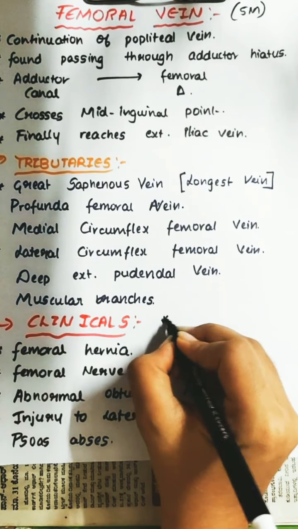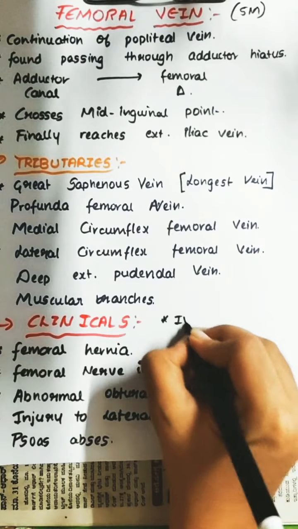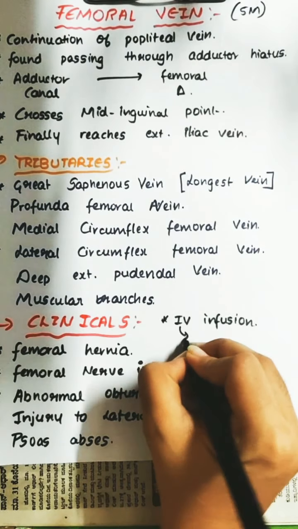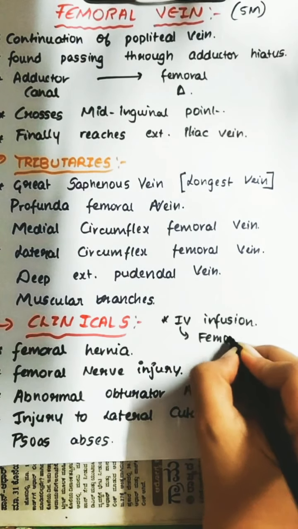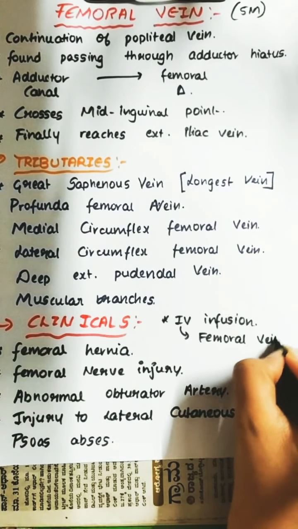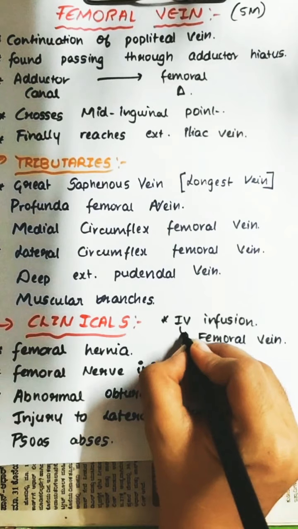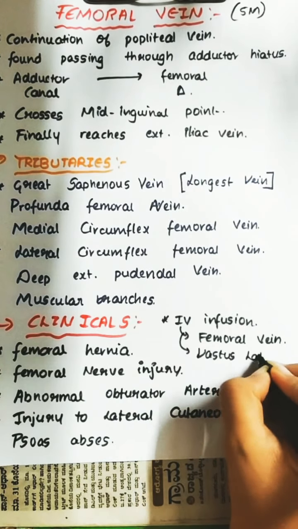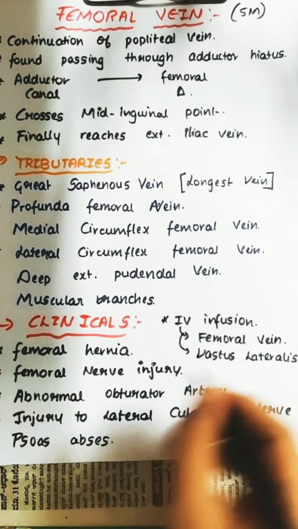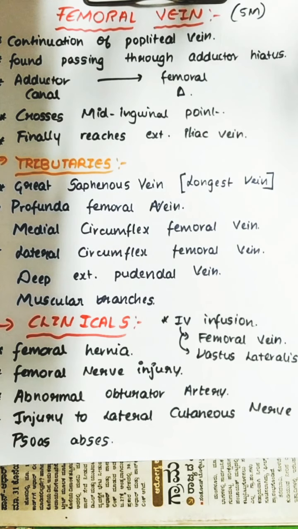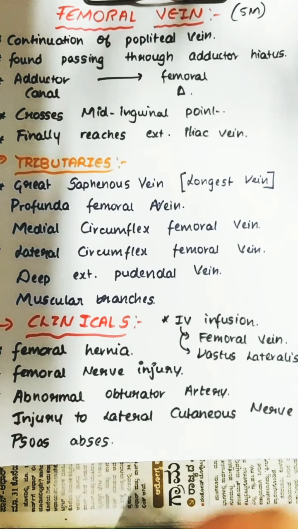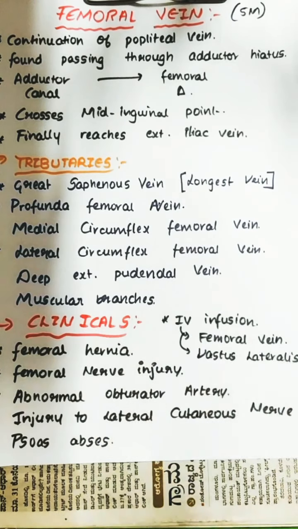Then there might also be IV infusions, IV fluids given if there is any problem in the femoral vein or the vastus lateralis area. So that's it about the clinicals and the femoral vein.